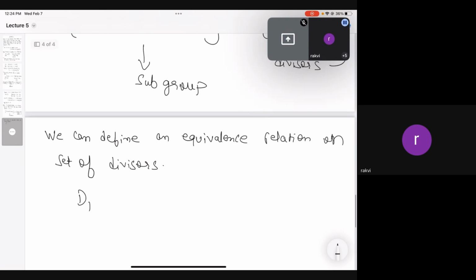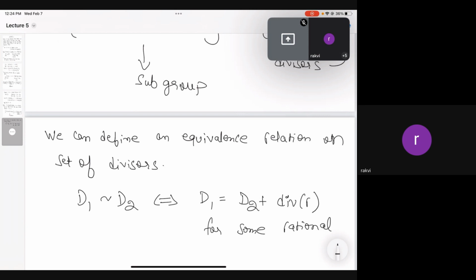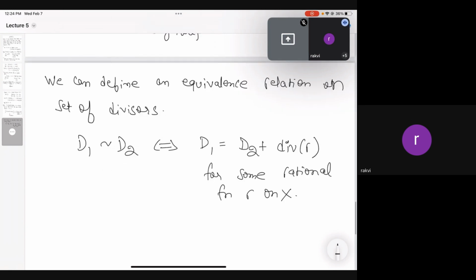So I'll say that D1 is equivalent to D2 if and only if we obtain D1 from D2 by adding a principal divisor for some rational function on X. And it's easy to show that this is an equivalence relation.